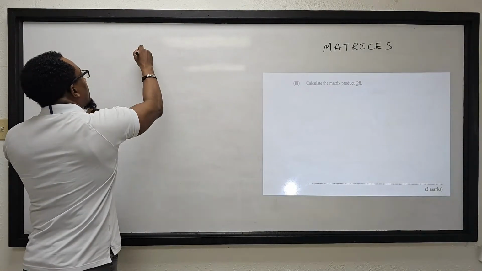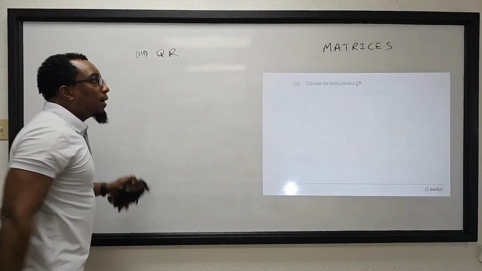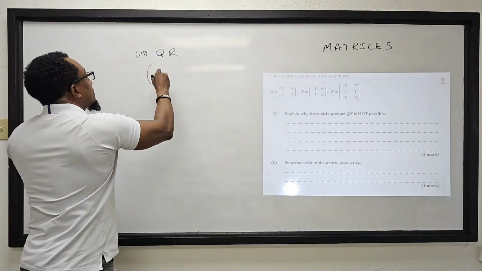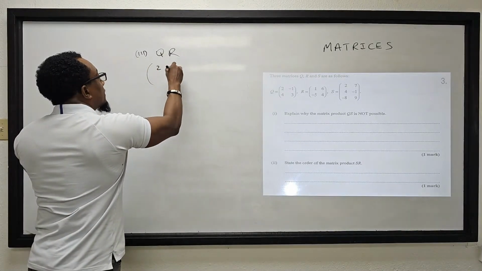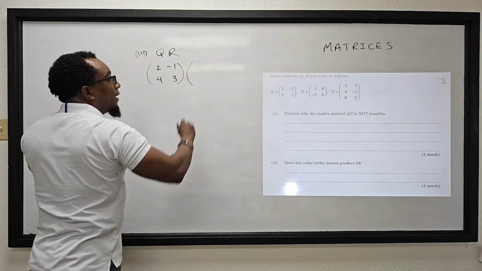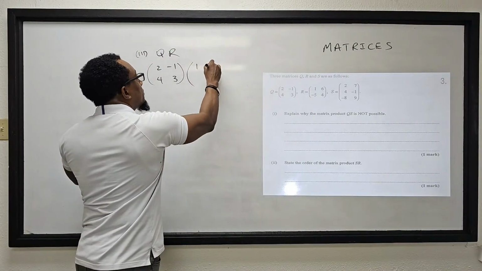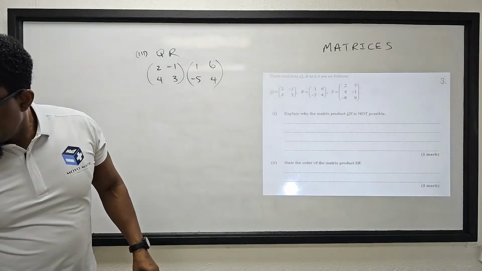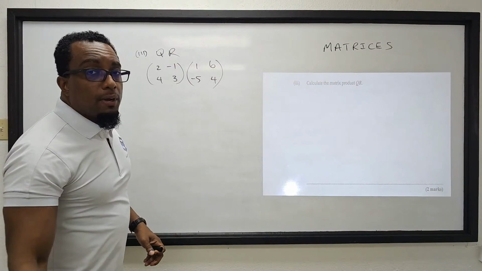So part 3, QR. Matrix Q, the elements are 2, negative 1, 4, 3. R, the elements are 1, 6, negative 5, 4. And they want us to calculate the matrix product QR.